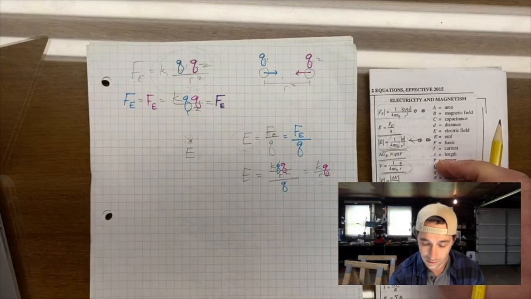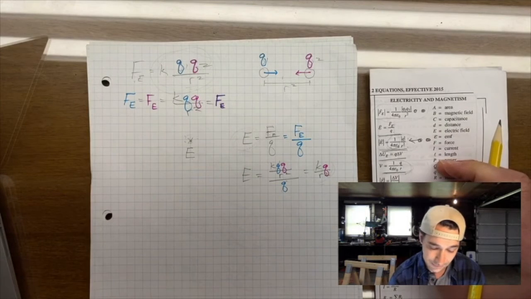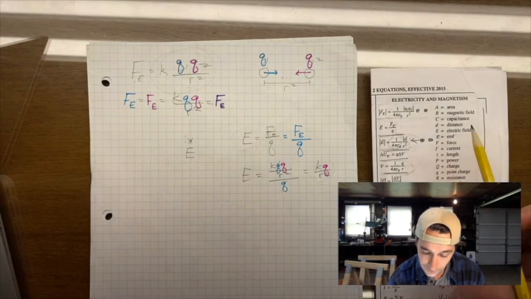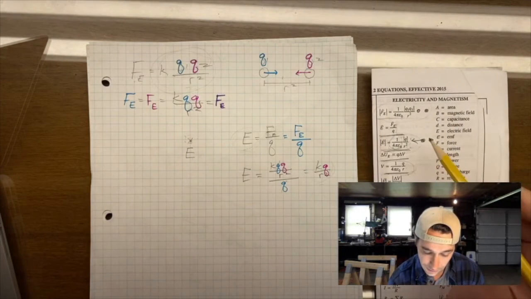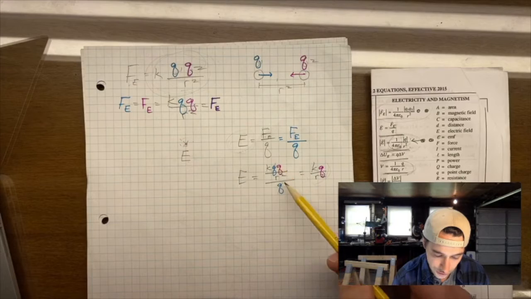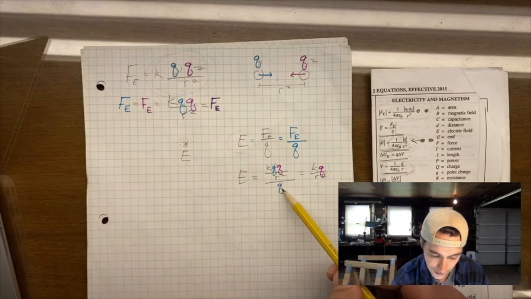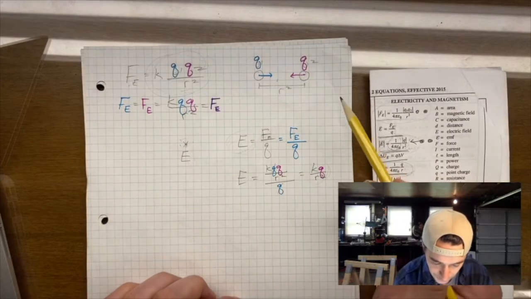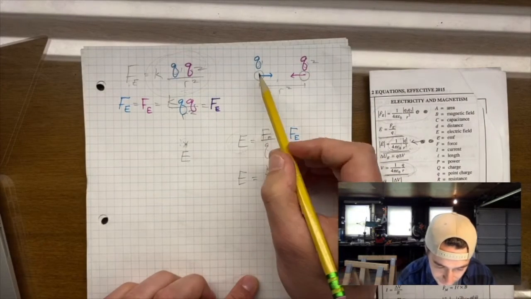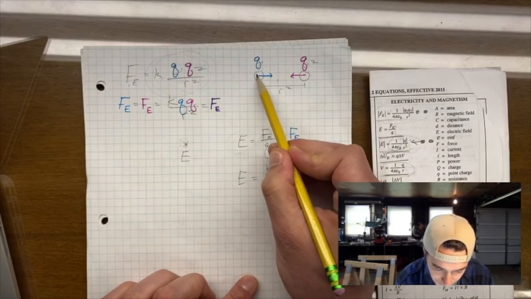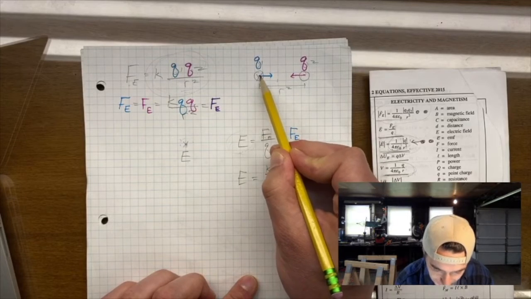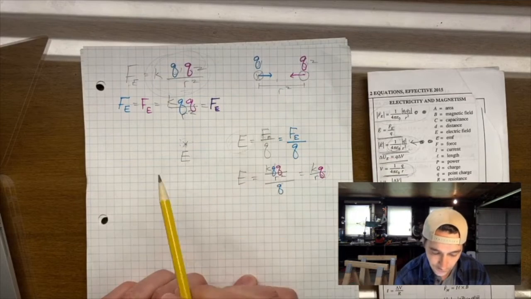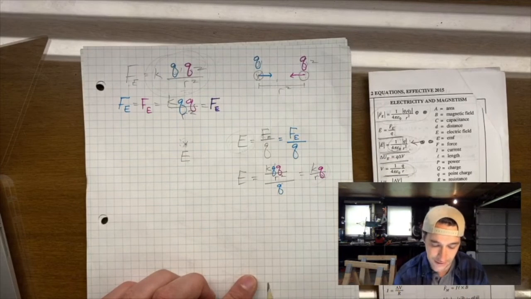Okay? Or actually, I shouldn't say that. It's only for a point charge, right? Because look, this charge dropped out. So again, let me go back to this first picture. If I wanted to know what is the electric field at this location, at the blue Q, what's the electric field strength caused by this?